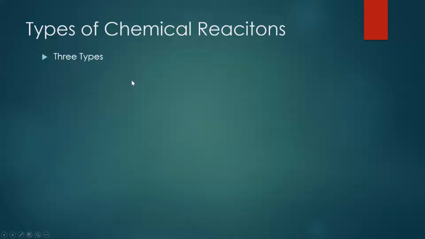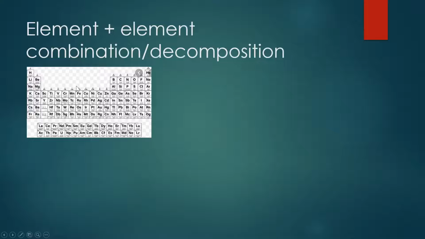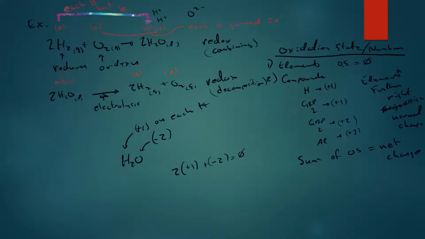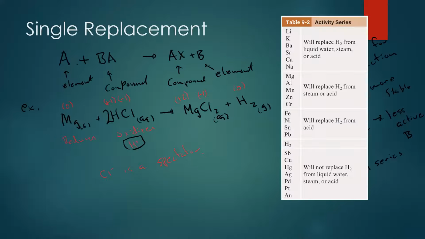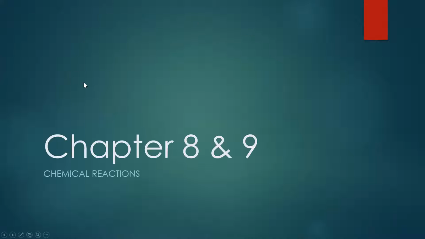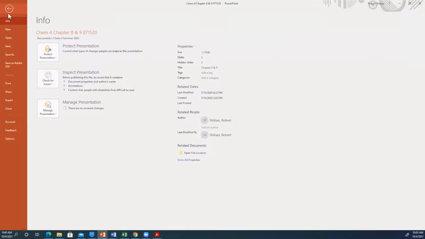This is why. So the three types of chemical reactions, talked about that. Then we have the redox, element plus element. So we got here. Sorry, but I seem to be missing two PowerPoints here.